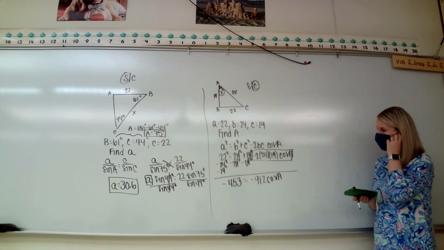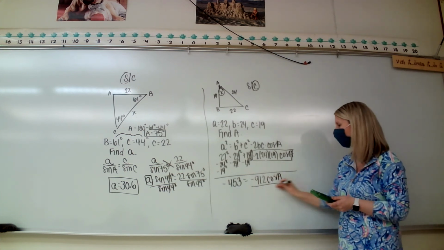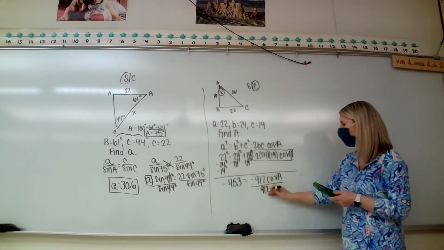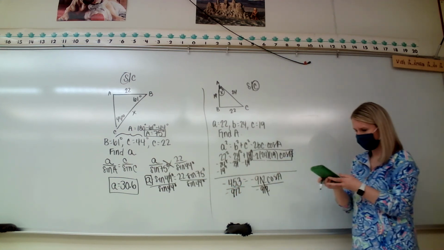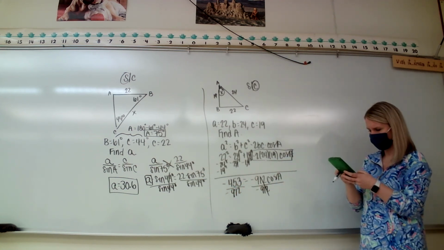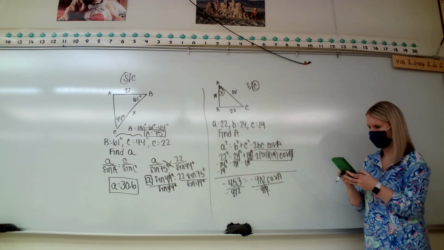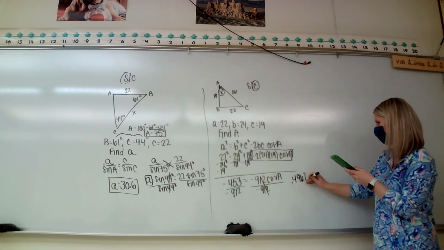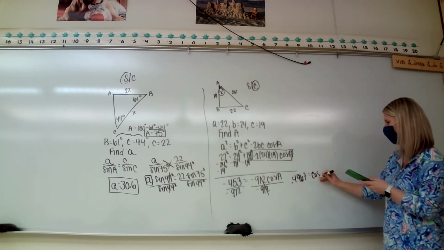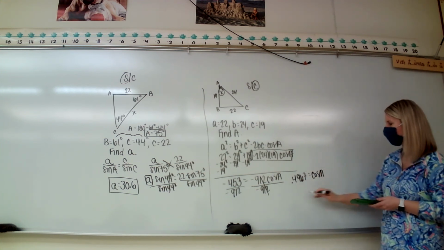Our main goal is still to get that A by itself, so I'm going to divide by negative 912. I'm going to get a little fraction here. Let me see what I get divided by negative 912. It gets 0.4967-ish. About that. But that equals cosine A.